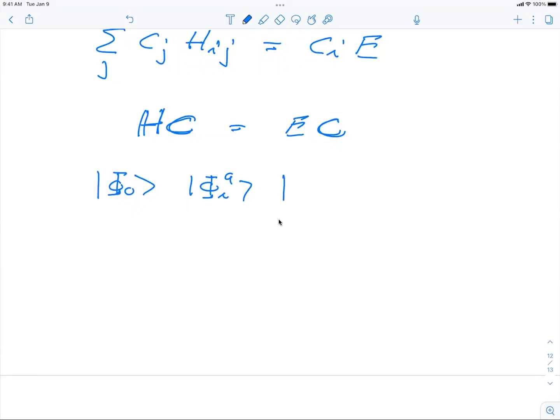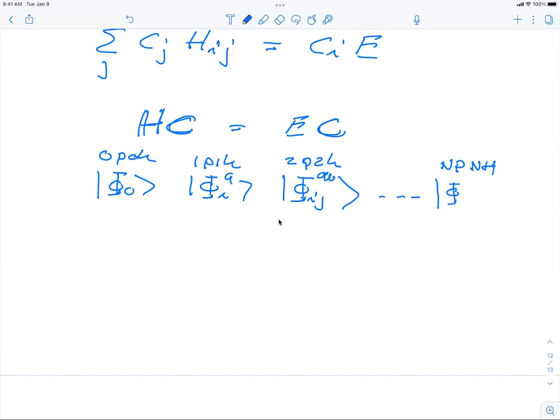We have the two particle, two hole excitations, Ij, Ab. So this is 0 particle, 0 hole; 1 particle, 1 hole; this is 2 particle, 2 hole. And then you continue till what I'm going to call just an n particle, n hole state. I'm just going to write this as Ij and Ab. So this will be that specific block of the matrix.